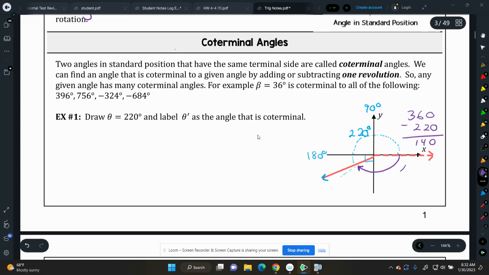So if I went 140 degrees that way, that would be negative 140 degrees. That little symbol there, that's called theta. That's a very common Greek letter that we use for angles. Theta.